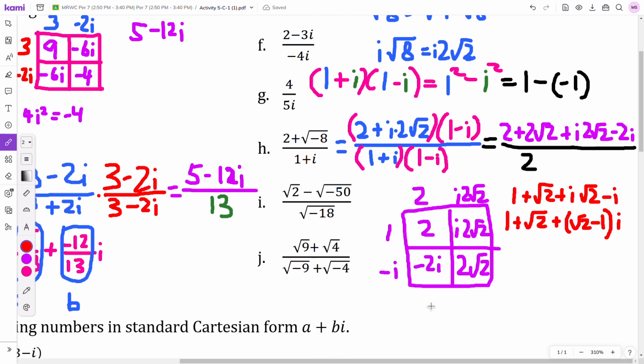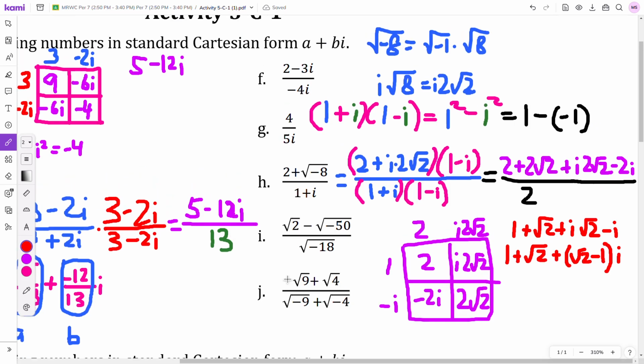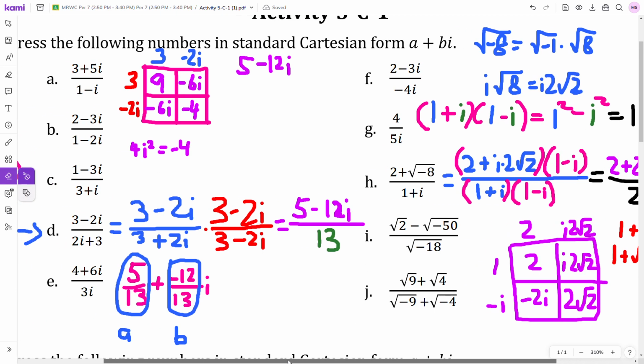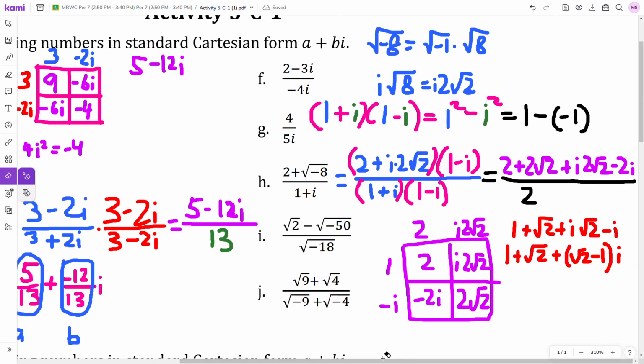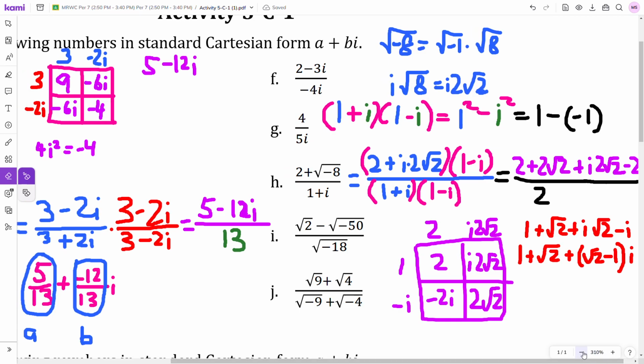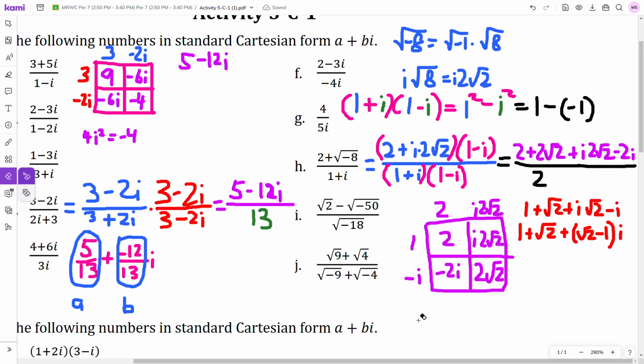How we feeling? Okay, ready to plow ahead? Now I need to erase this because I need the room. So I hope you got everything down. No? Okay, want to take a picture? Or I can just work over here. That's fine. I'll just erase this stuff over here.